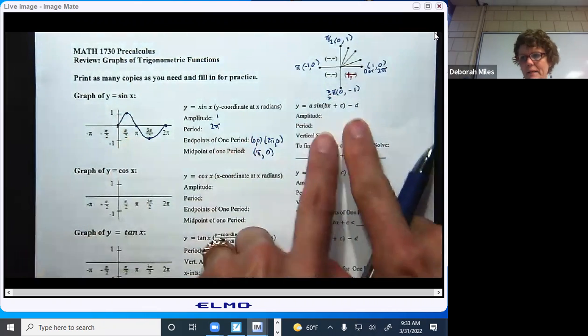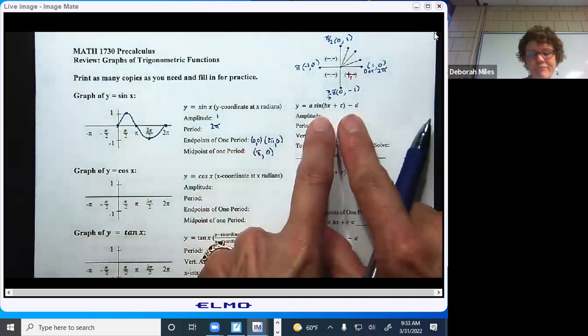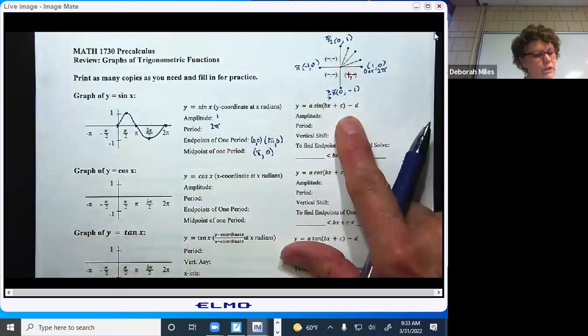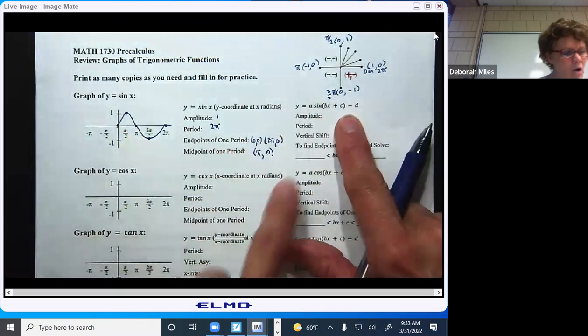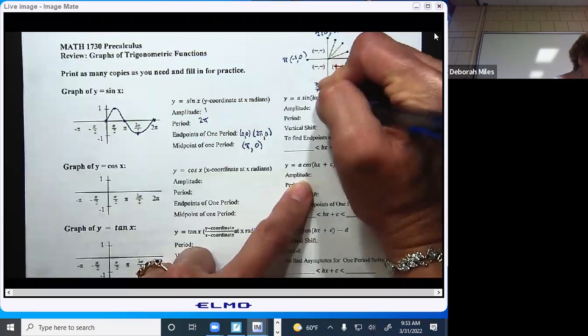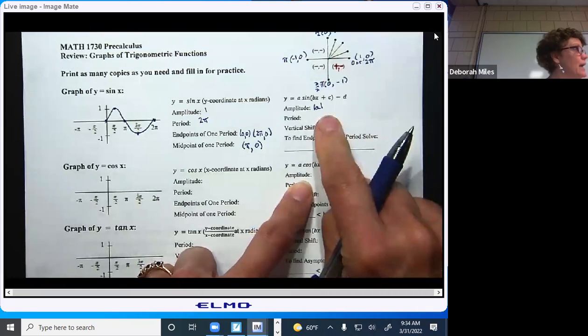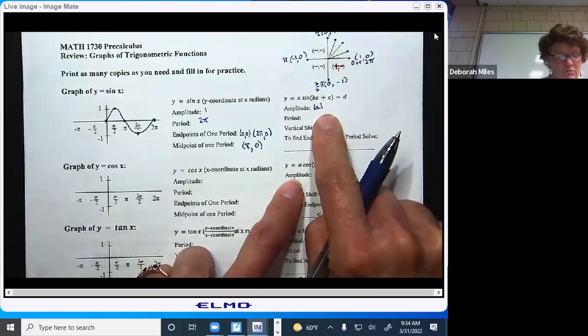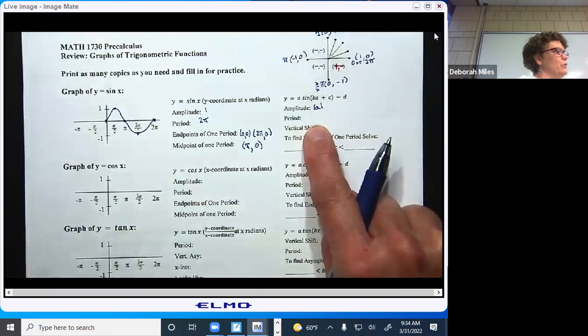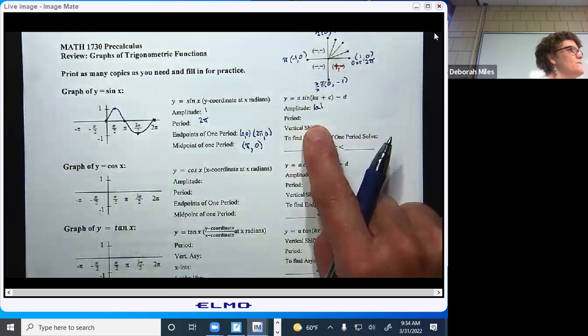Here's what's just a little bit different when you have a graph that has had a change in amplitude, a change in period, or been shifted somehow. I want you to know that technically, the absolute value of A gives you the amplitude. How do you find the period for any trigonometric function that has shifts in it?